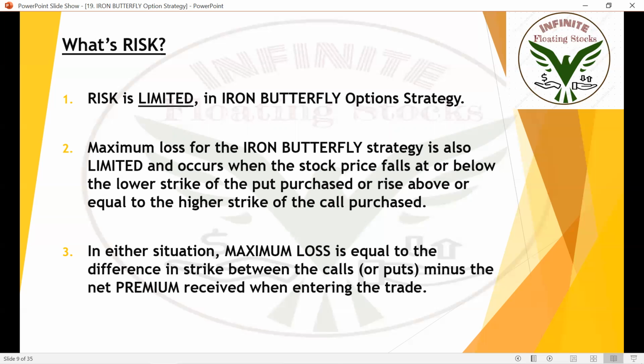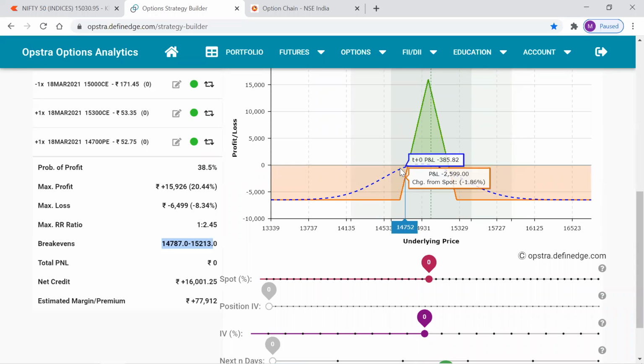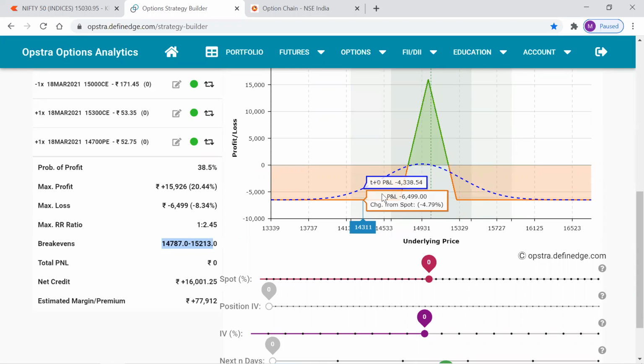You will be facing losses if the market crosses these break even points. The maximum loss will happen when the market crosses 14,700 towards the lower side and 15,300 towards the upper side.